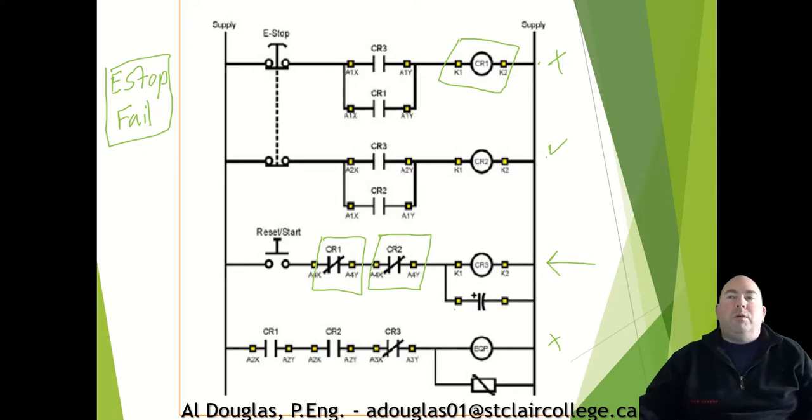So this is where we get into monitoring. So we need to be able to see this relay actually transition. We need to be able to see it go from this state down to this state, back to this state, in order for us to reset the whole circuit.